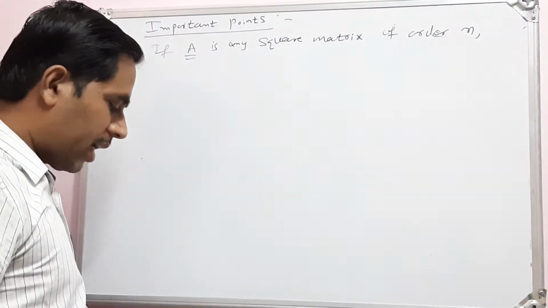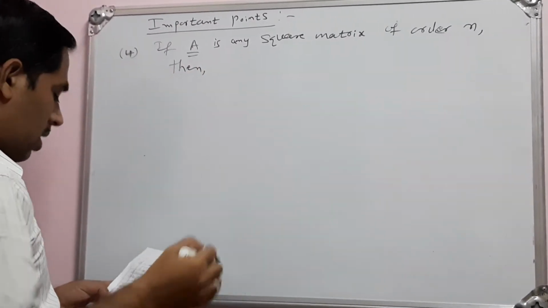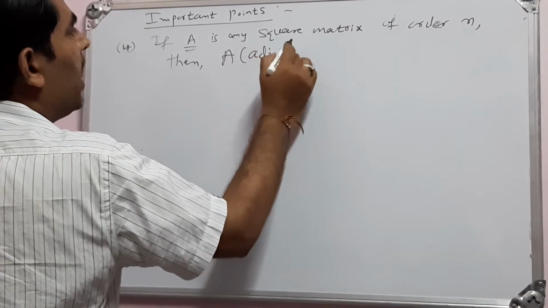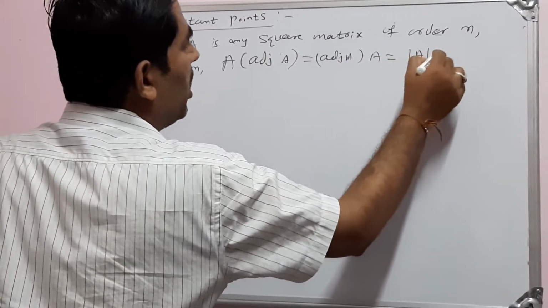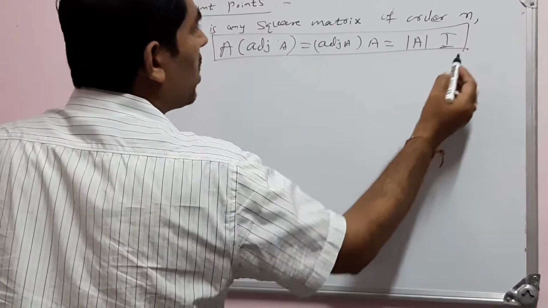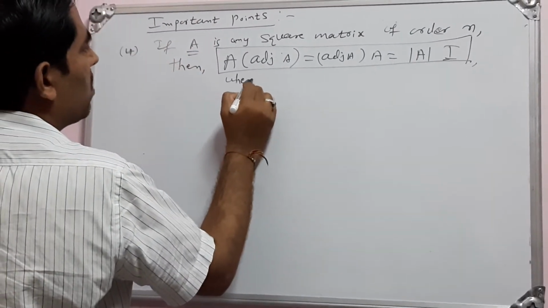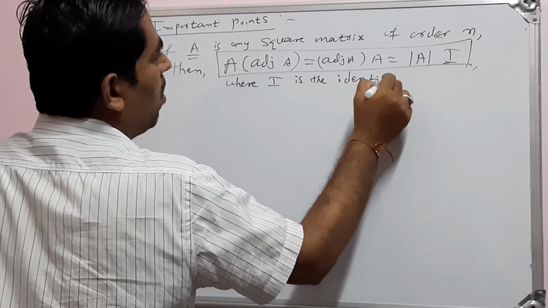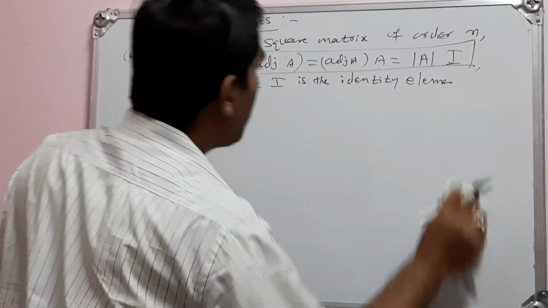If A is any square matrix of order n, then A into adjoint A is equal to adjoint A into A is equal to determinant of A into I, where I is the identity matrix.